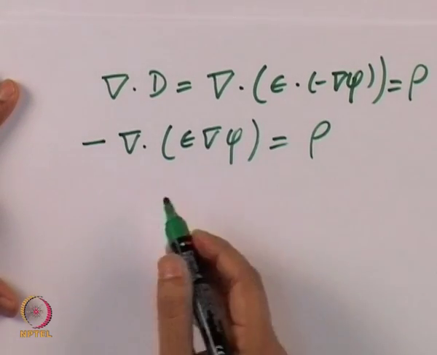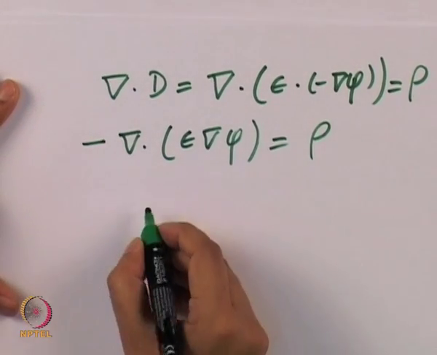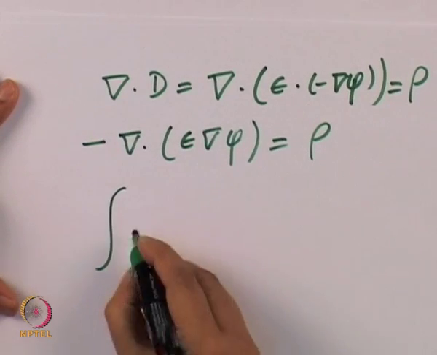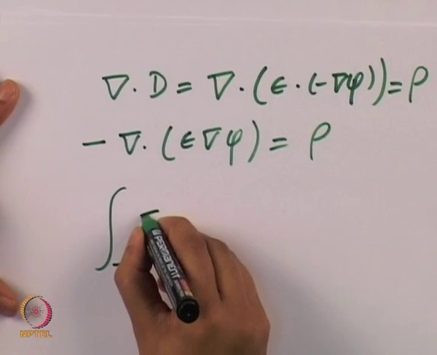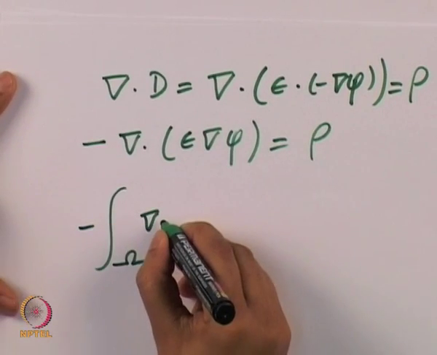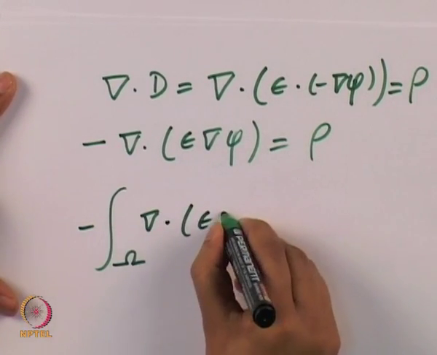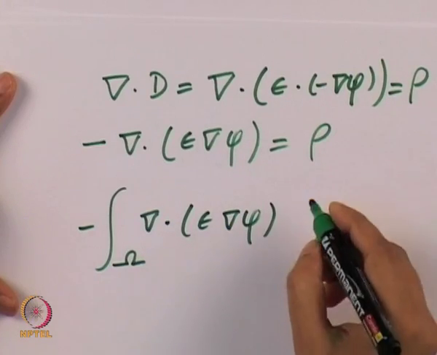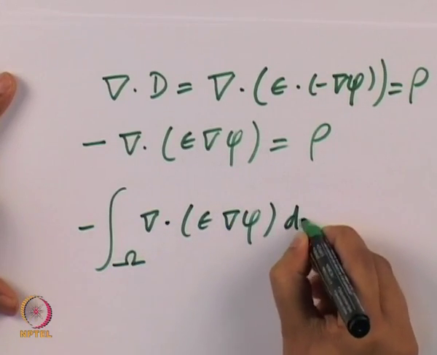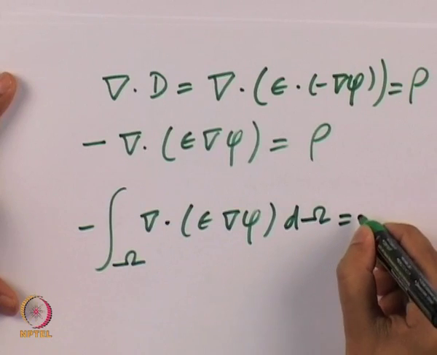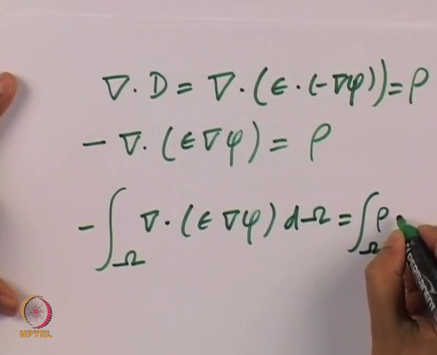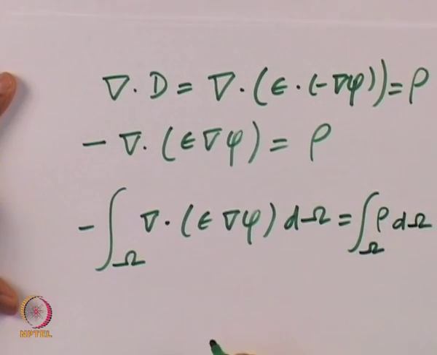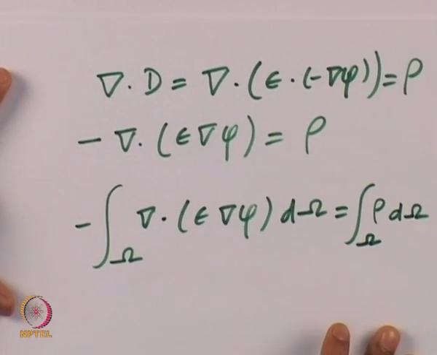I am going to integrate it along the entire volume, inside the domain, with the minus sign out, epsilon equal to. So this step is clear.